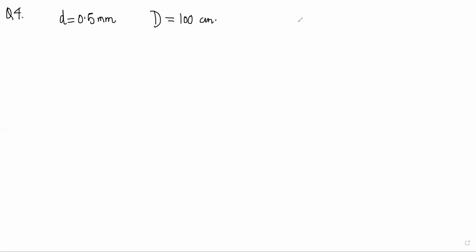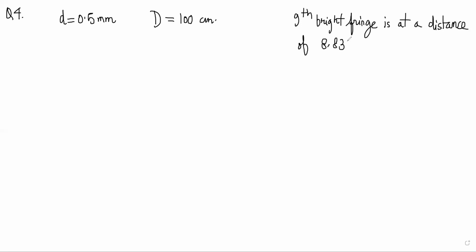It is found that the ninth bright fringe is at a distance of 8.835 mm from the second dark fringe, right? Find lambda.